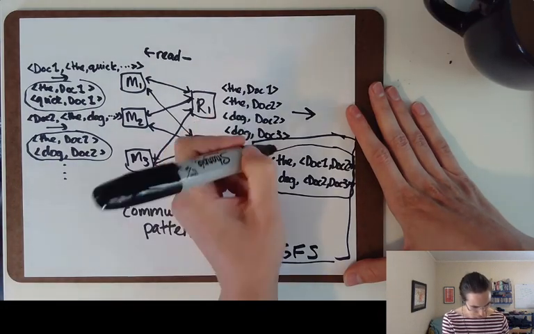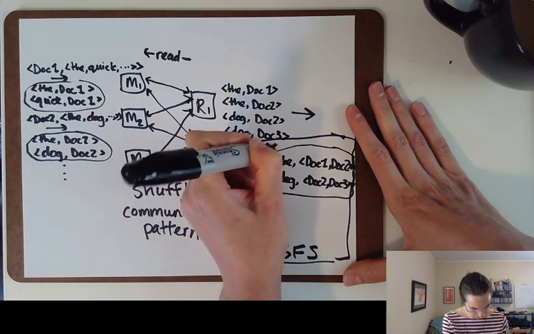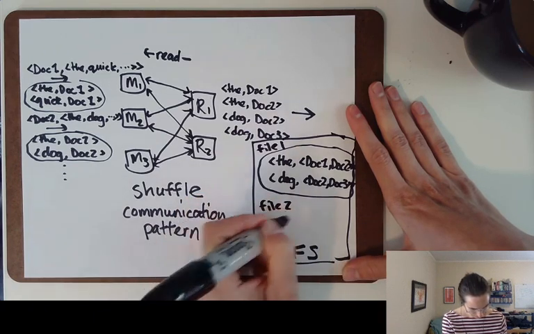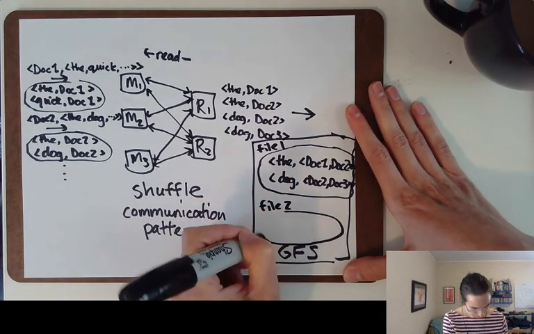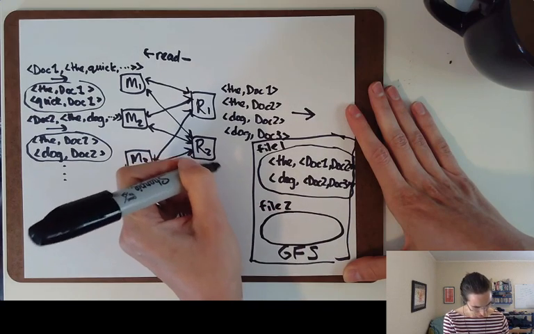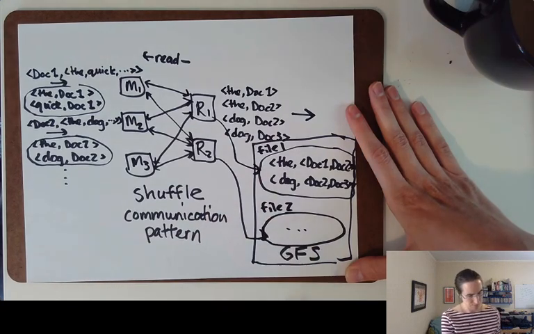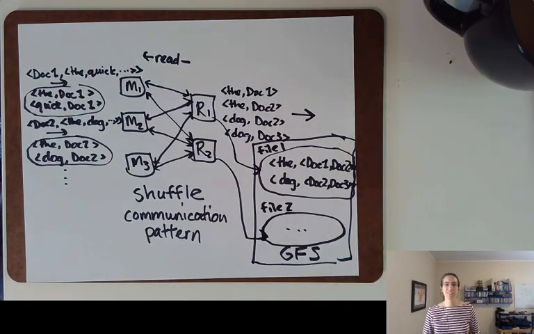So this might be like file 1. And then you might have another file that was the result of whatever R2 did. And that's it. Congratulations, you know MapReduce.